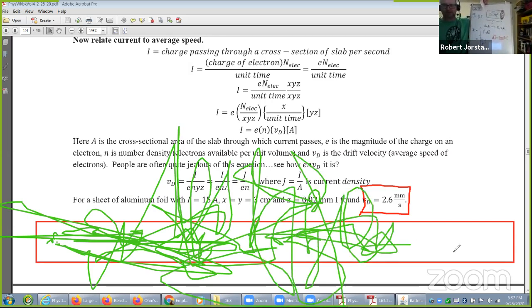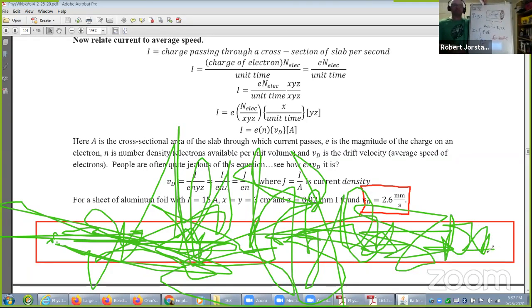You get the idea. The electrons are moving tremendously fast, but they keep bumping into things on the way. And they only move at an average rate of 2.6 millimeters per second for this particular sheet of aluminum foil.